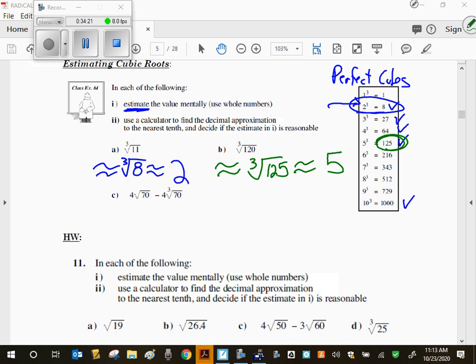Okay, let me just give you a hint with this one. The first part of C is a square root, and the second part of C is a cubic root. So for the first part in red, you're going to be doing the previous chart that we had on the other page, and then for the green part, you're going to use this perfect cube chart. So try C.